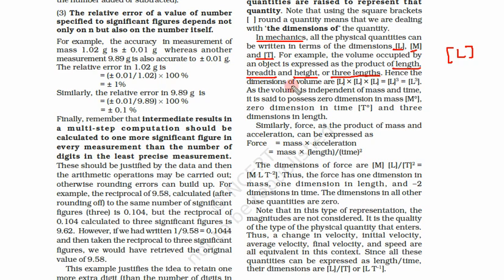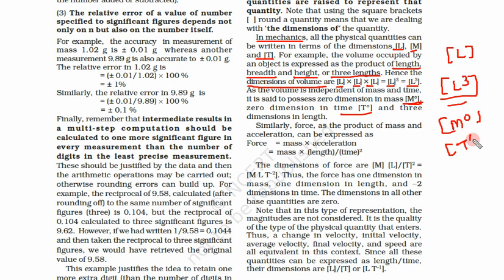So what is the dimension of volume? The dimension of volume is L cross L cross L, that means L cube, and in the bracket we get L cube. So whenever we see L cube, we know for sure that it has something to do with length. As the volume is independent of mass and time, it possesses zero dimensions of those. In volume we don't have mass, so mass to the power 0, and time to the power 0.